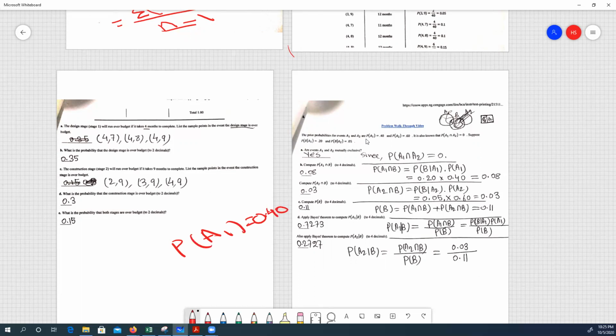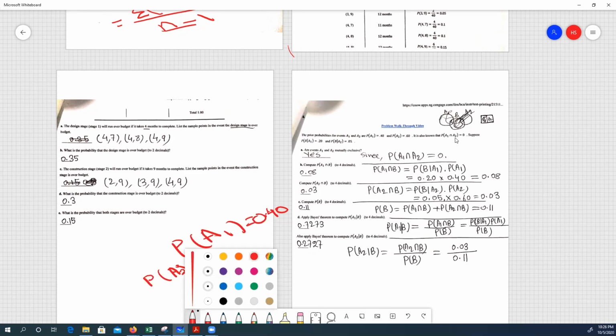This is the prior probability of event A, that means the probability at the beginning. We do not know any other information. And the other probability is 0.60. Okay, we are also given that the probability of A1 intersection A2 is 0.